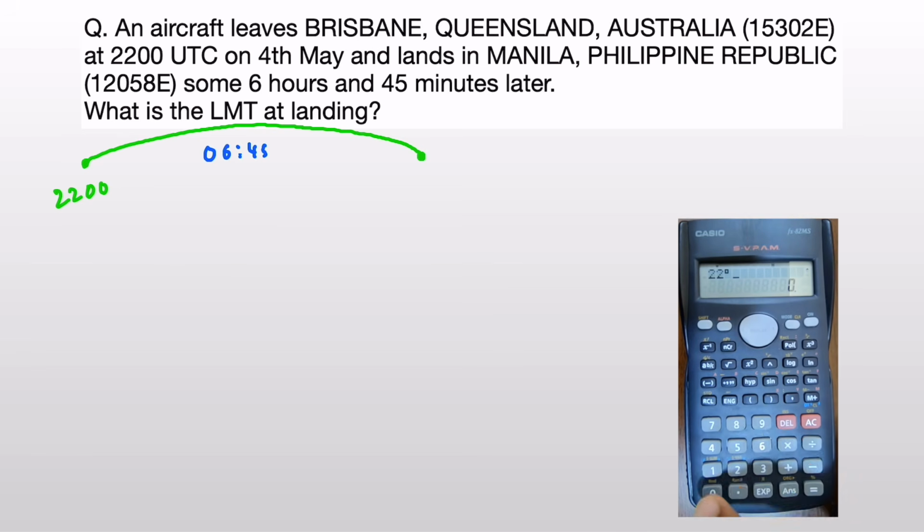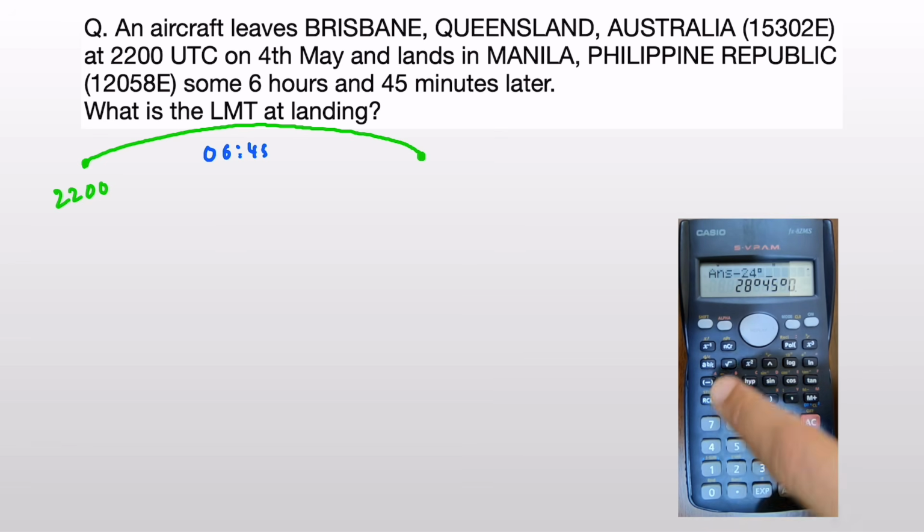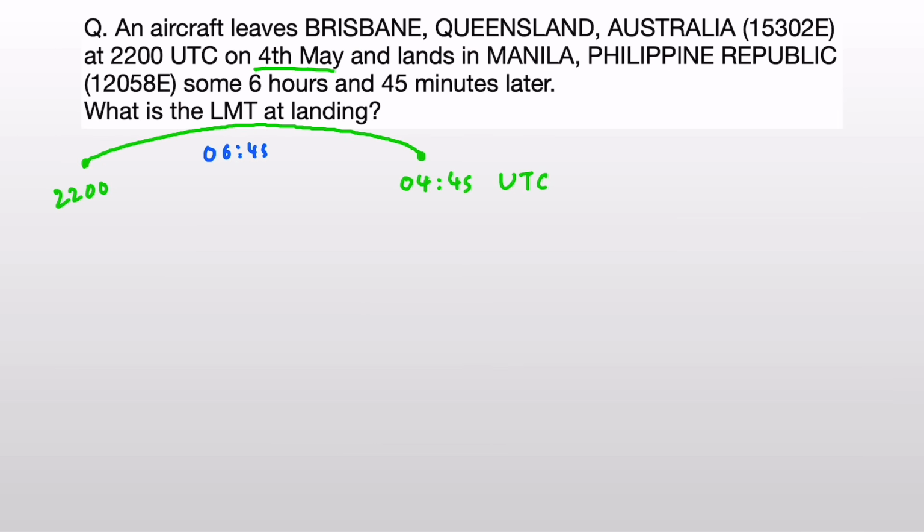Using my calculator, it will be 22 plus 6:45, which is 2845. Now 2845 does not exist, so I subtract 24 hours. It will be 0445 UTC on the next day. So if it took off on the 4th, it's landing on the 5th. Very easy. Now I know that my aircraft is landing at 4:45 UTC, and in the question they want me to find the local mean time at landing.